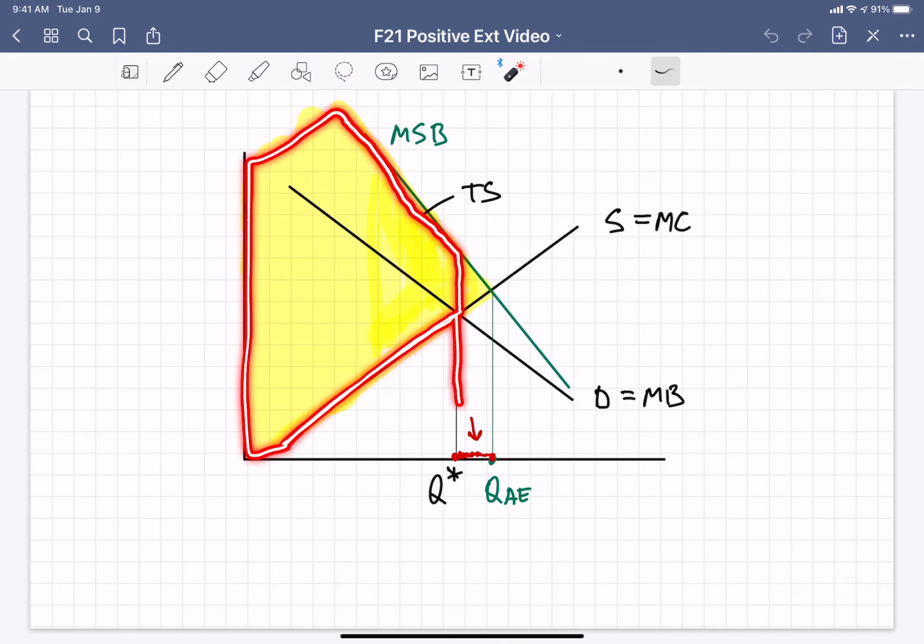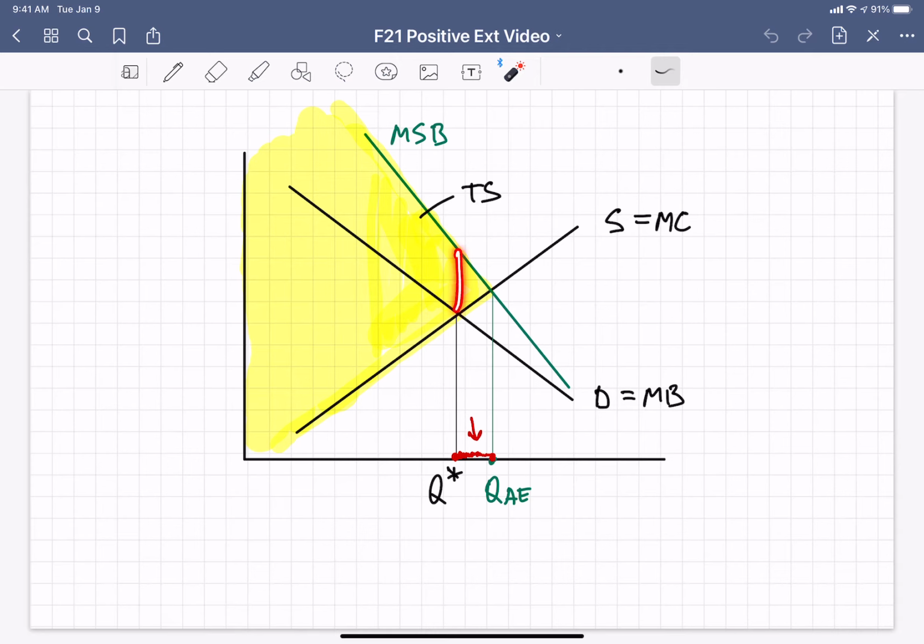Because the market sits where it was, because it is acting according to supply and demand, we are missing this area, and that results in inefficiency. This area is being missed, meaning part of total surplus that could have been captured but is not being captured.